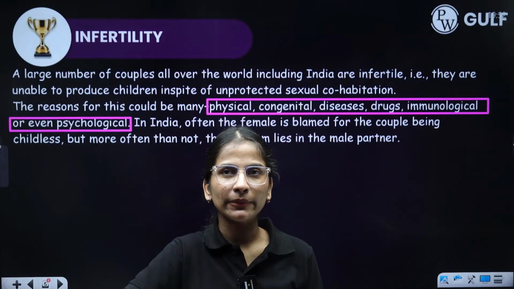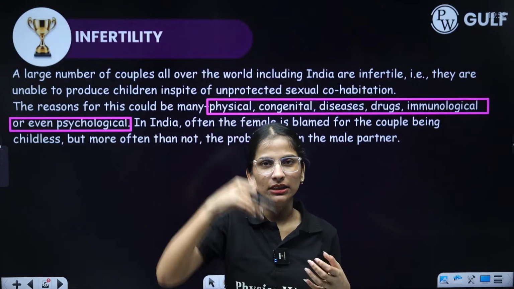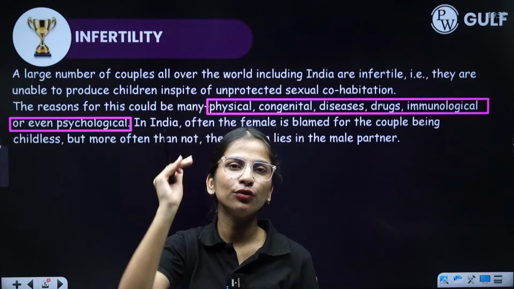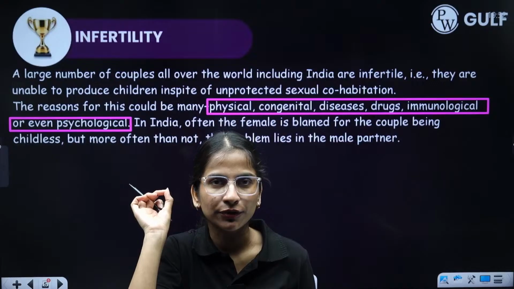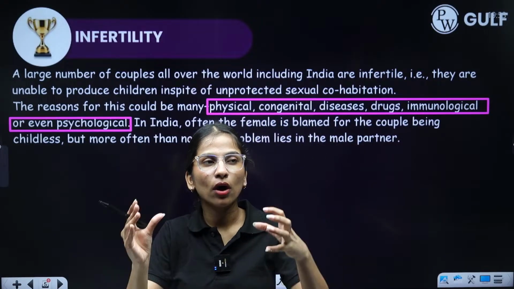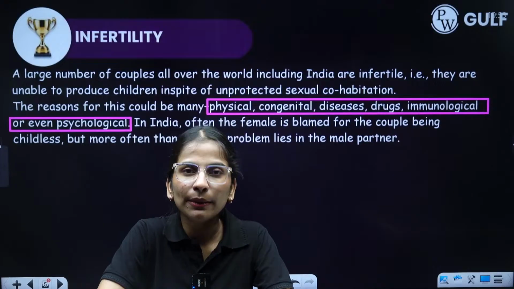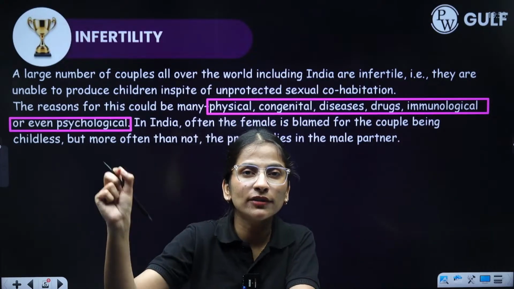Immunological: sometimes what happens is that the female's reproductive system can have a heightened immune response towards the sperms that might be entering the female reproductive tract upon insemination. Insemination is basically transfer of semen inside the female reproductive tract. Now that semen contains millions of sperms.